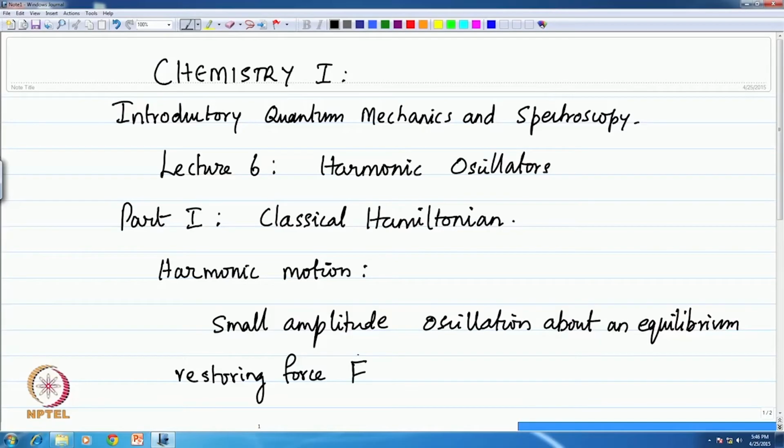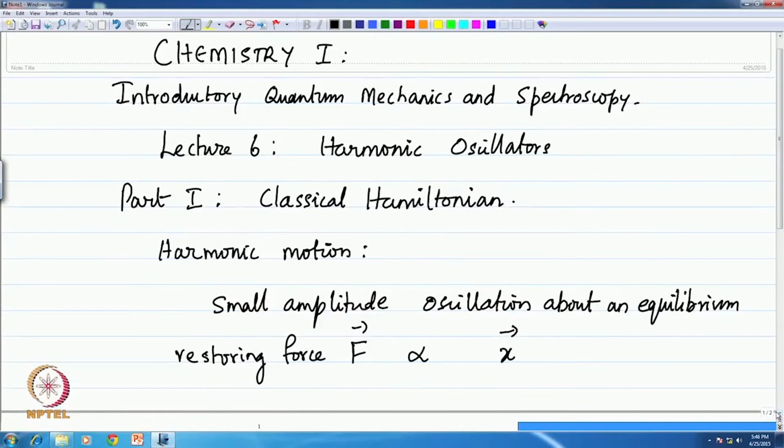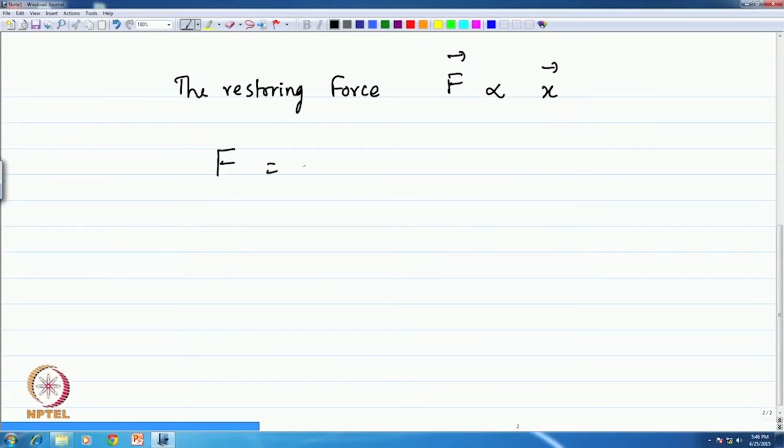Now the restoring force, if you write that, it is proportional to the displacement vector from the equilibrium, and the proportionality constant is k, and since it is in the opposite direction it is minus kx.